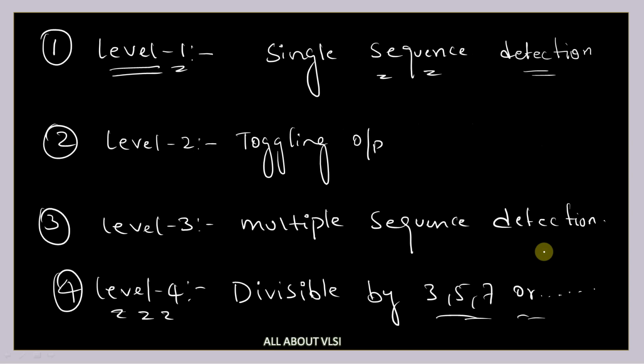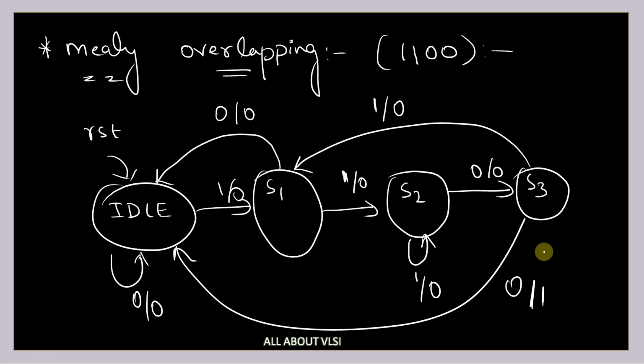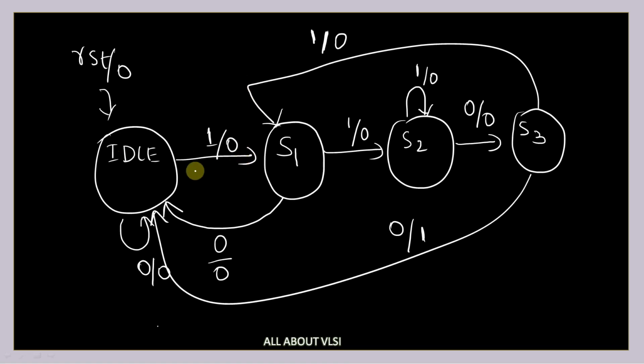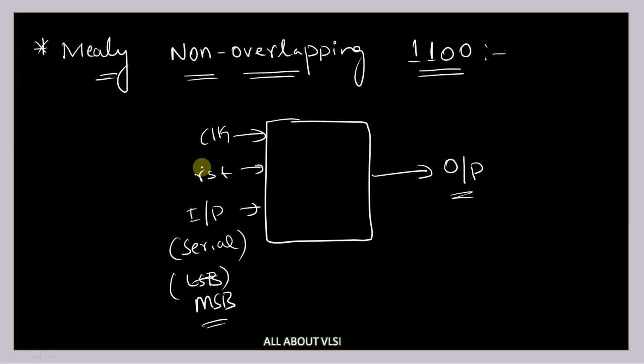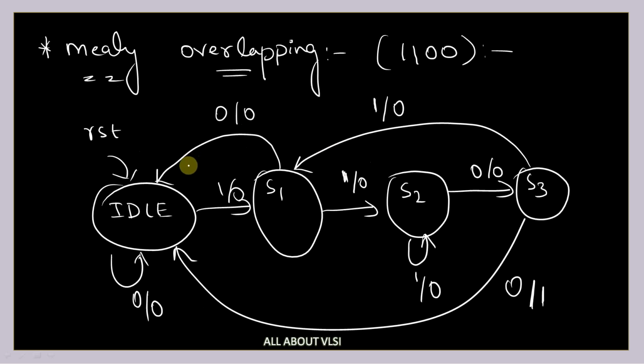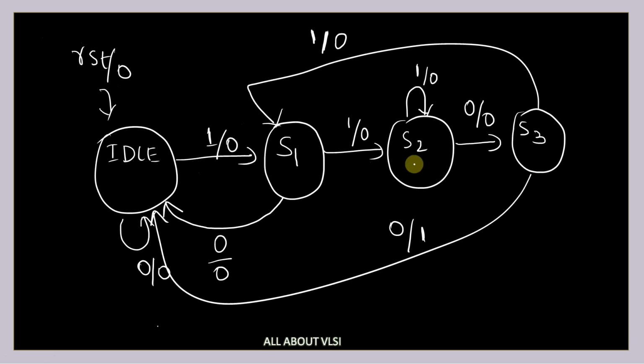One particular pattern, if you carefully observe: if you are designing an FSM for a 4-bit sequence, in the case of Mealy FSM you get 4 states. In the case of Moore FSM you get 4 plus 1, that is 5 states.